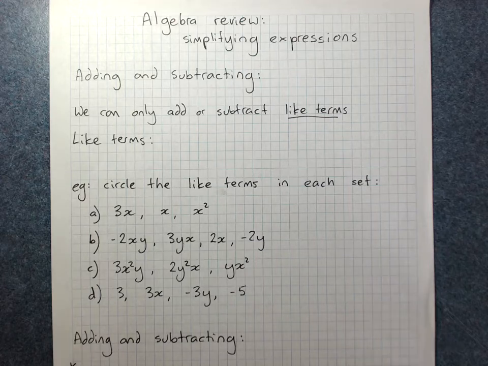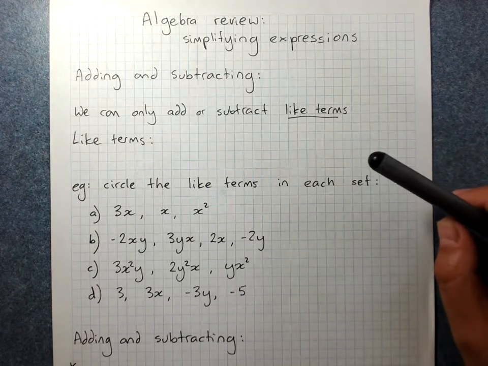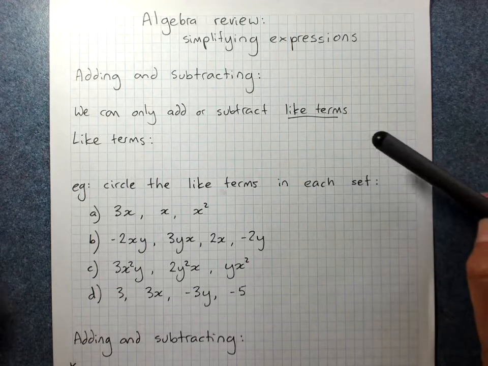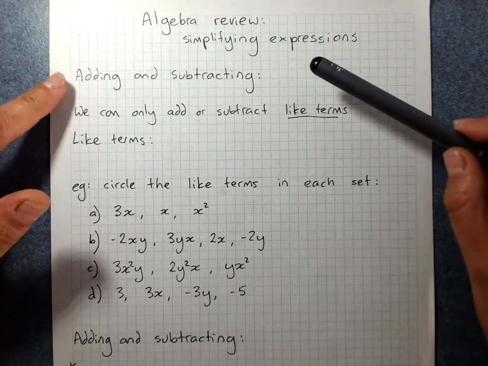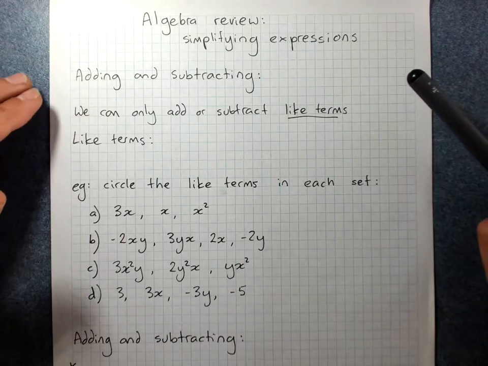Algebra review, simplifying expressions. So in algebra, we'll often be asked to simplify by adding and subtracting or multiplying and dividing. There's different rules for adding and subtracting than there are for multiplying and dividing.